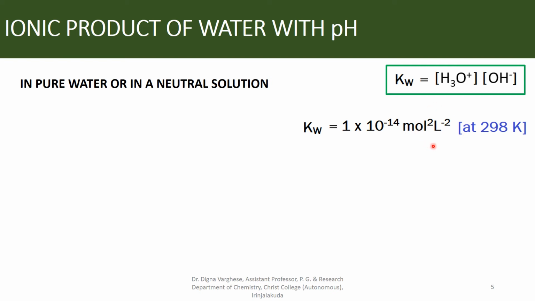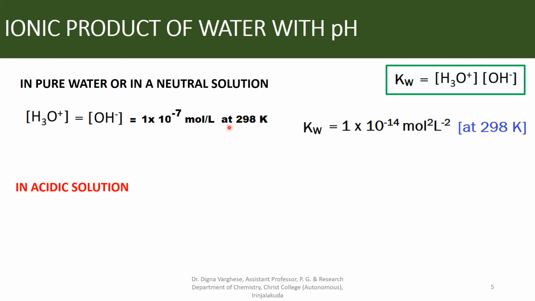That means in pure water or in a neutral solution, the concentration of hydronium ion is equal to the concentration of hydroxyl ion, that is equal to 1 x 10^-7 mol per liter, or 1 x 10^-7 M at 298 Kelvin.